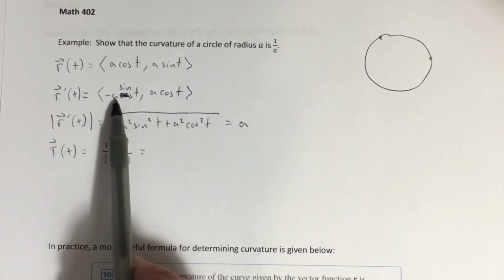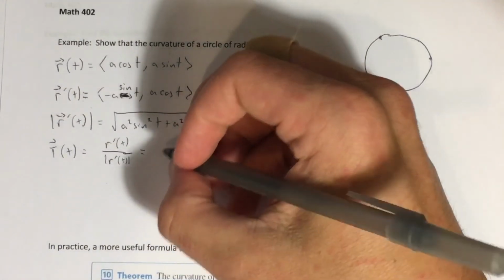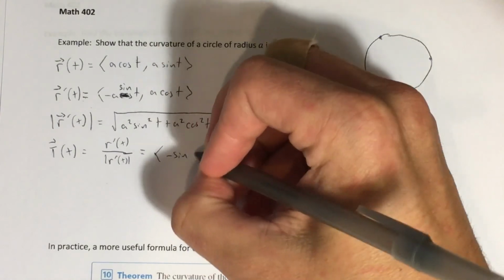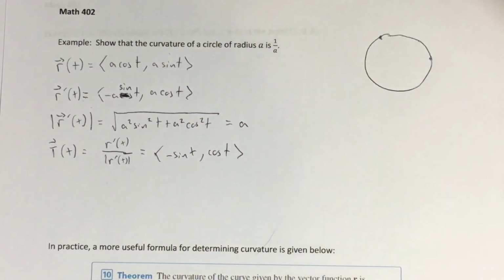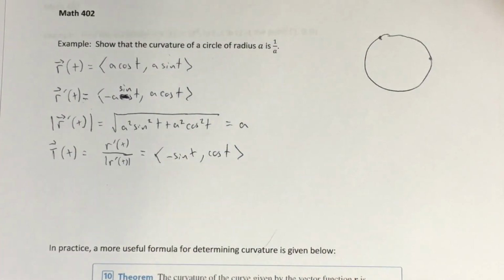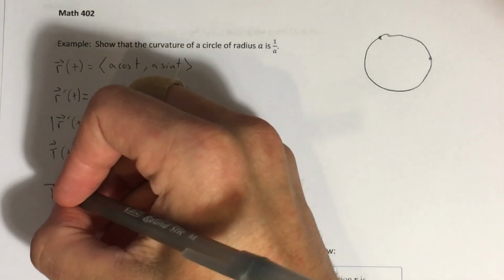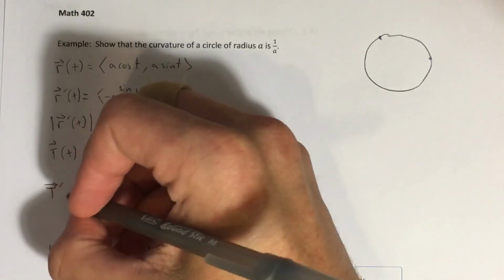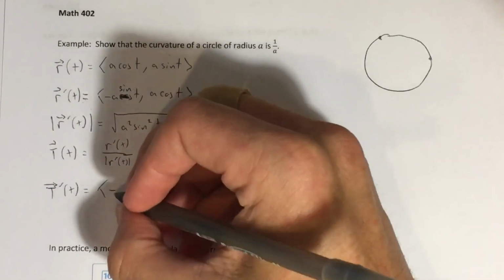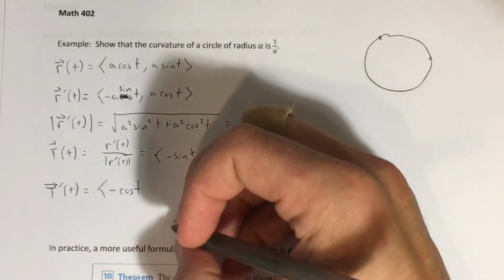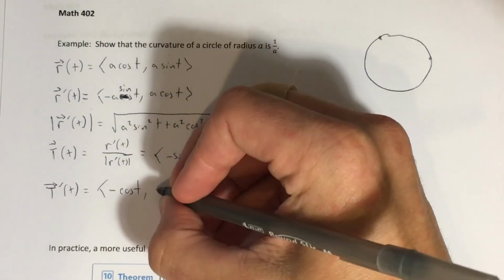Dividing by a just removes the a's here and here. So this becomes negative sine of t, cosine of t. Next up, we need the derivative of this. So T prime of t, the derivative of this, would be negative cosine of t, negative sine of t.